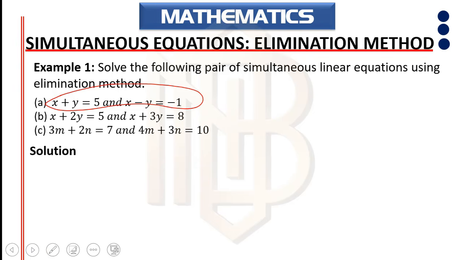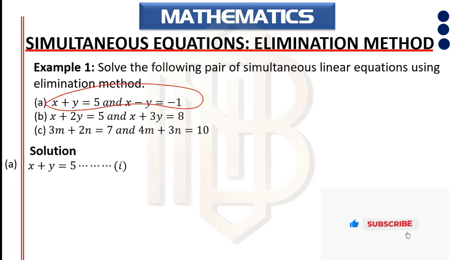For the first question, we can tag x plus y equals 5 as equation 1. If we call it equation 1, that means the second equation will be equation 2.